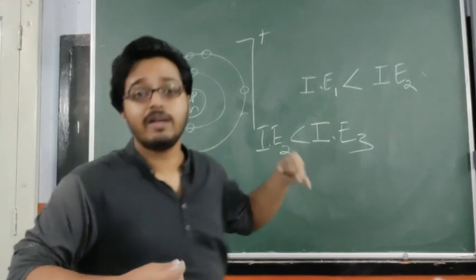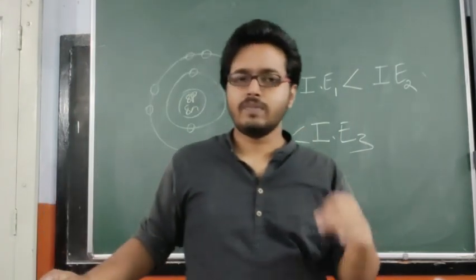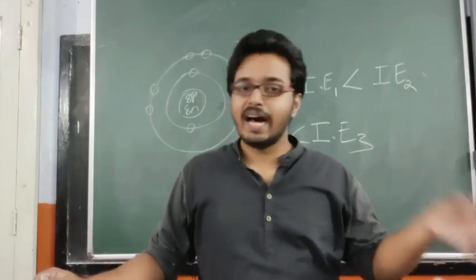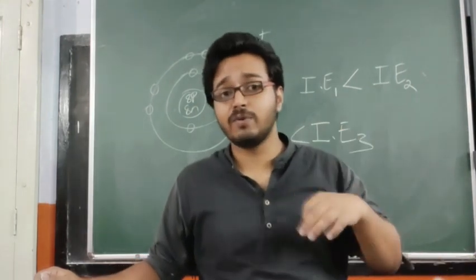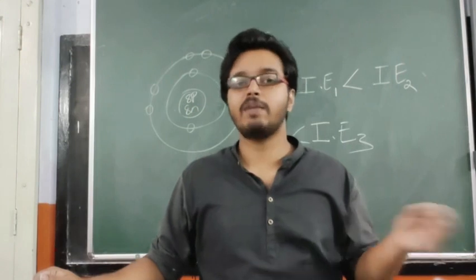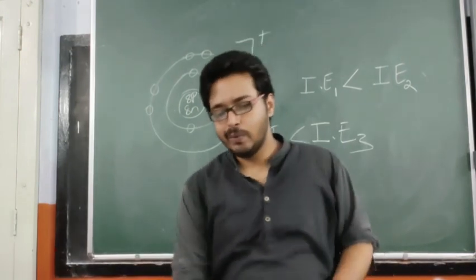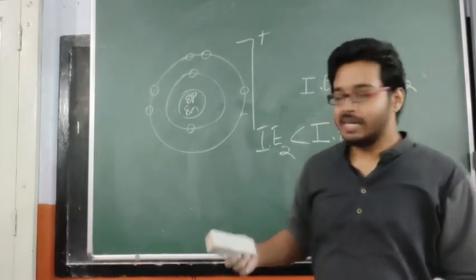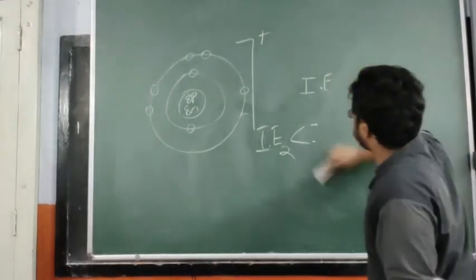If we are removing the maximum number of electrons from a particular atom, the energy required to remove the last electron will be the maximum. Okay, so that is about the ionization enthalpy that I said I will take later.